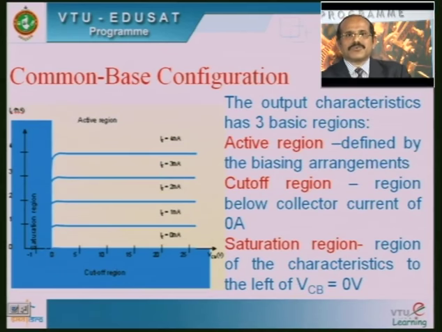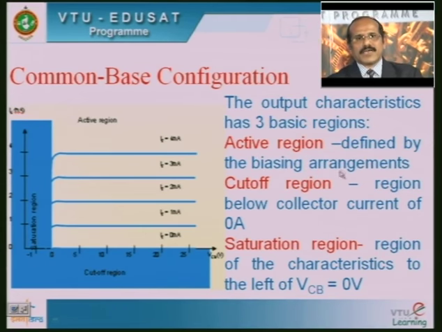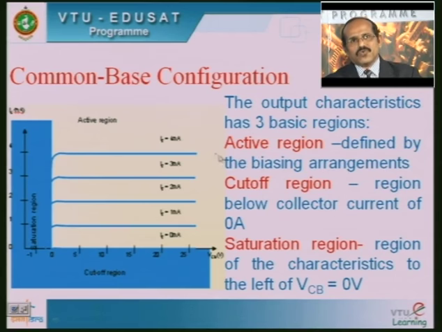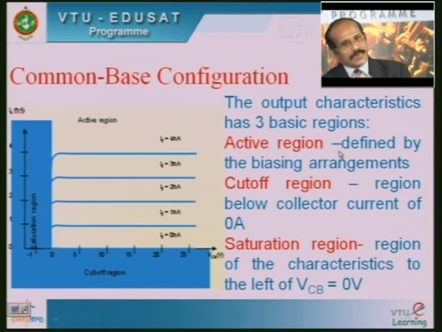Once again, as you can note, it consists of 3 regions. One is the active region. It is defined by the biasing, because in order to have the BJT in the active region, we need the emitter base junction forward biased and the collector base junction reverse biased. Then the transistor is said to be in the active region.